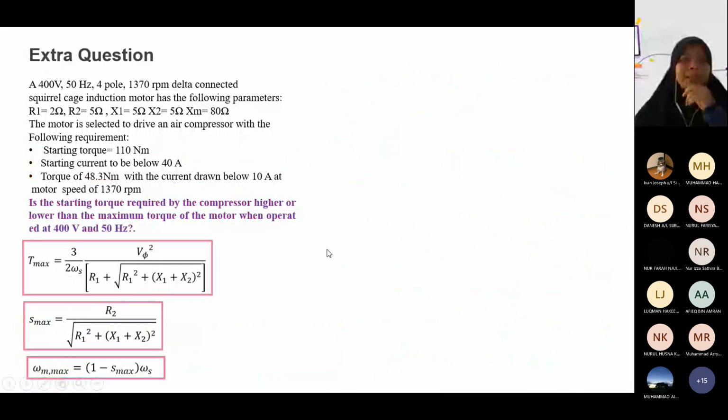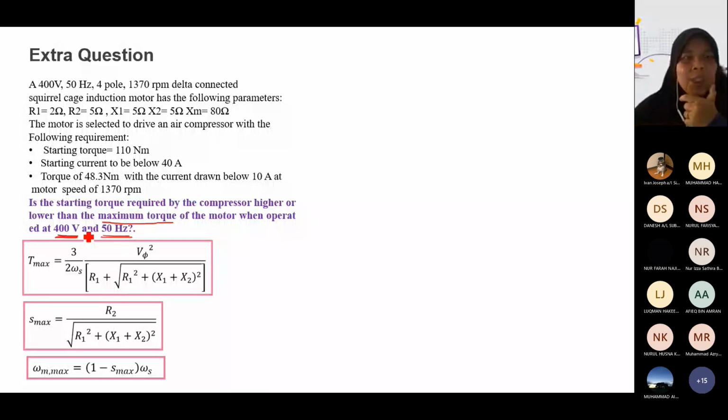Also, I have an extra question here. So in extra question, katakanlah the same question, the requirement, and is the starting torque required by the compressor higher or lower than the maximum torque of the motor when operated at 450 Hz?